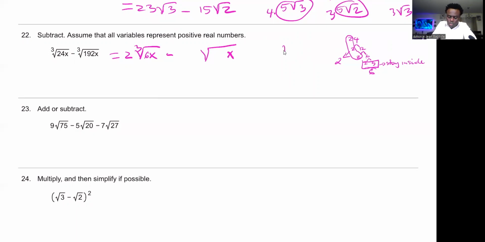But I want to work with 192 now to see what we can get from that, right? So let's see. 2 is okay. So divide 192 by 2. 96. Do it again with 2.